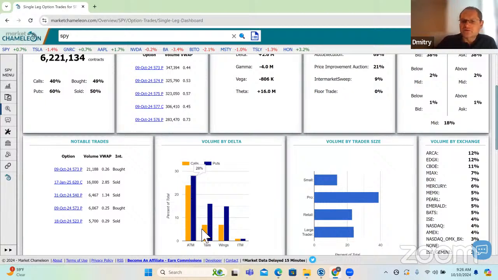What about the tails? So the tails are now options that are further away from at the money. When you have the 24 delta, 23 delta, 22 delta, they're already a little bit further away, and we go up to 10 delta, right?